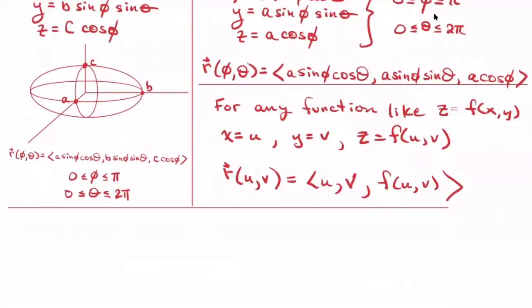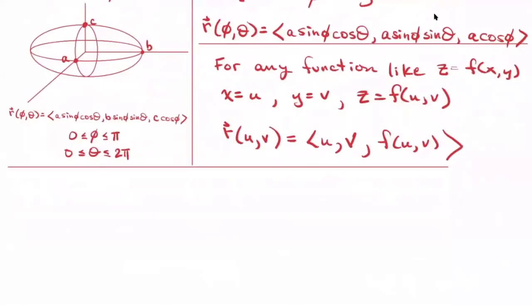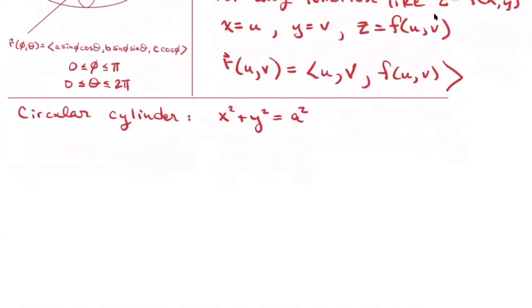Let's do a cylinder. Okay, so a circular cylinder. You just do x squared plus y squared equals a squared. And because it's a cylinder, it makes sense to put it into cylindrical coordinates. One thing to remember with a cylinder is that x and y are constrained, but z is not.